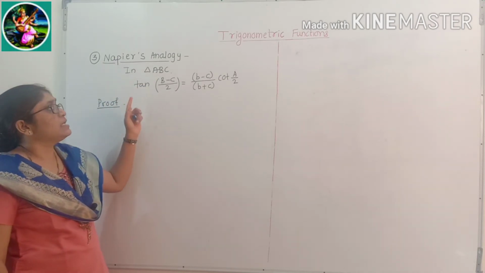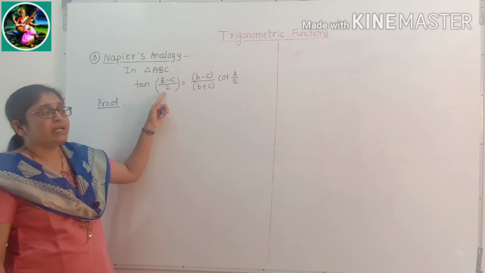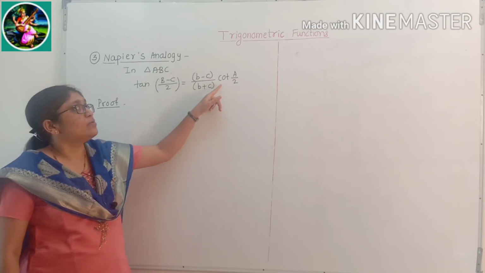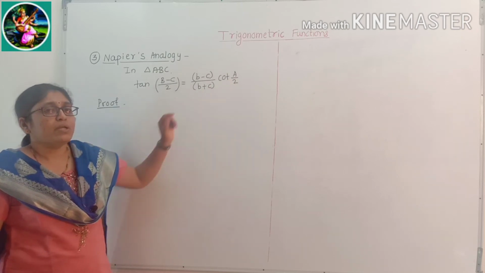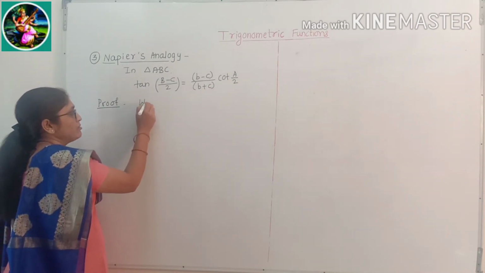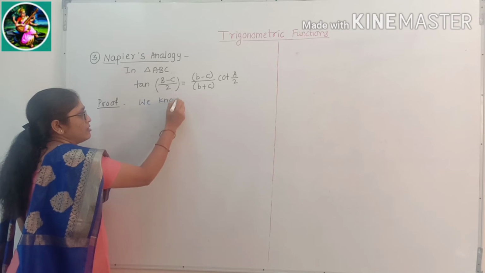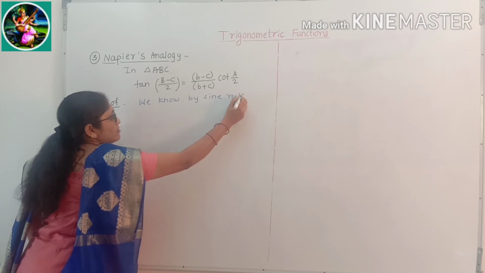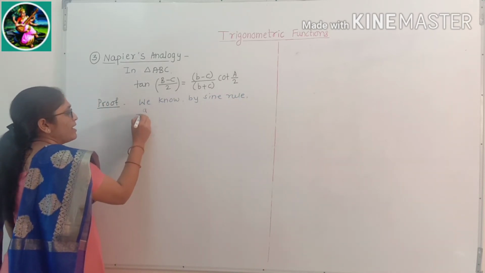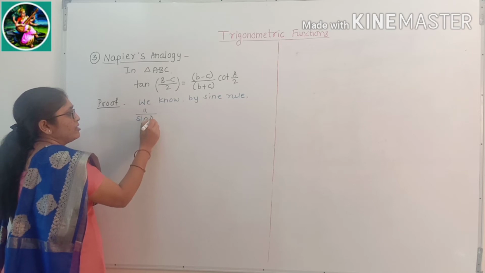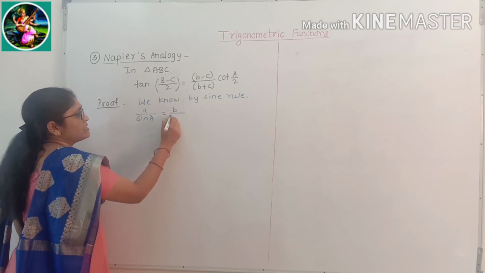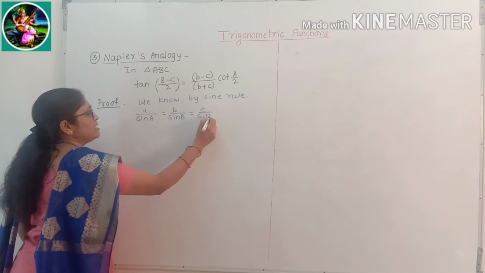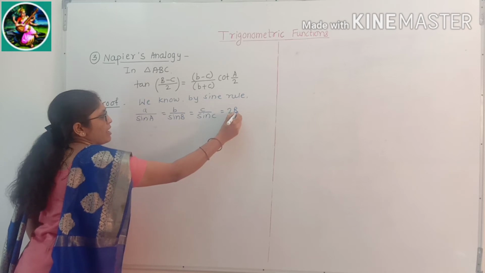In triangle ABC, tan of (B minus C) divided by 2 is equal to (B minus C) divided by (B plus C) into cot of A upon 2. We know by sine rule that A divided by sin A is equal to B divided by sin B is equal to C divided by sin C is equal to 2R.